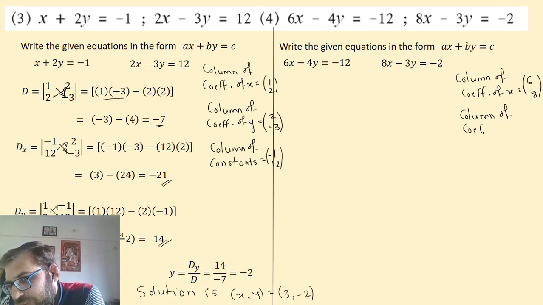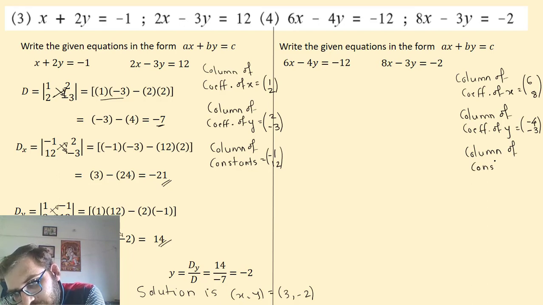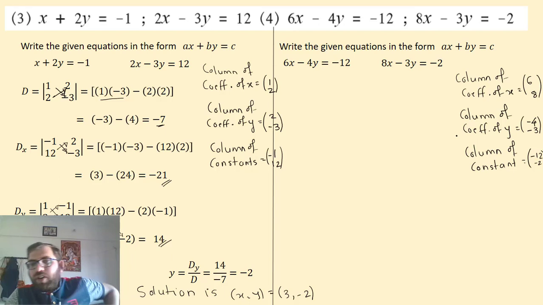Column of coefficient of y, here it's minus 4 and minus 3. And the last one is a column of constants, which is minus 12 and minus 2. So this is how we get the 3 columns.